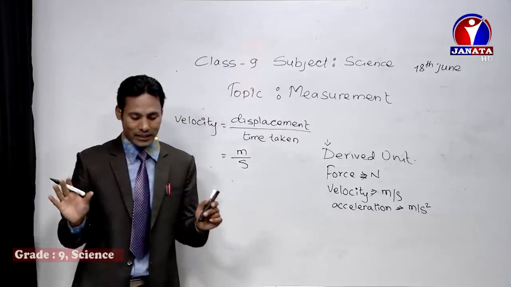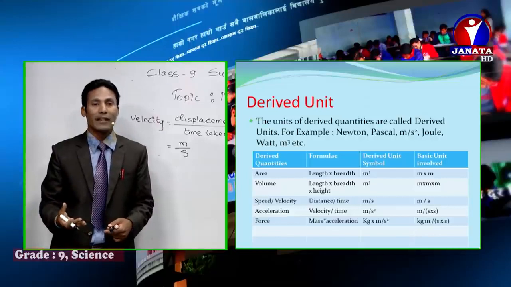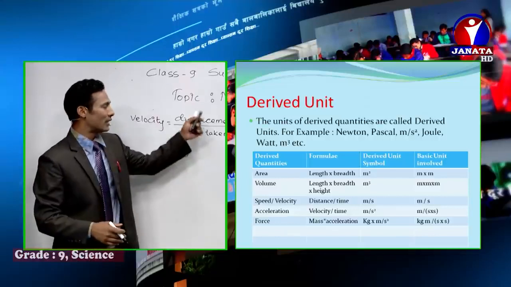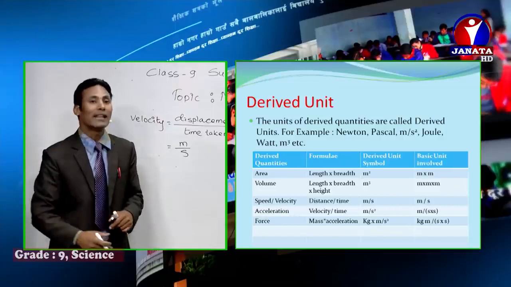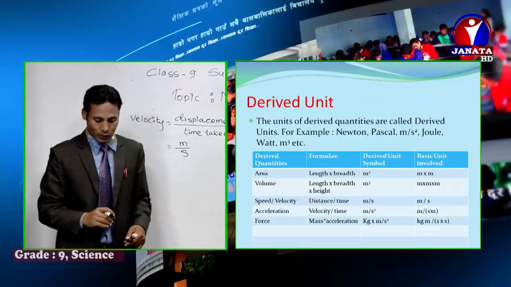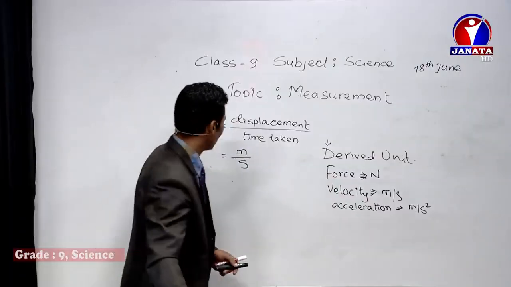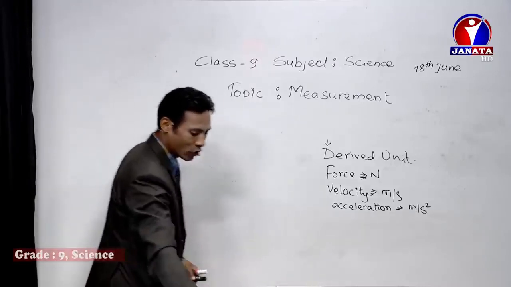You can see in the slide there are different derived quantities given, and their formulas are also given. You can see on the right hand side also, right? And their derived units and the basic units involved are explained there. So let's see acceleration, and why the unit of acceleration is called a derived unit.